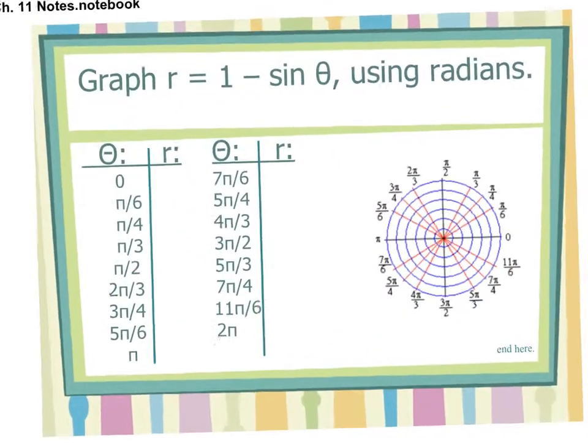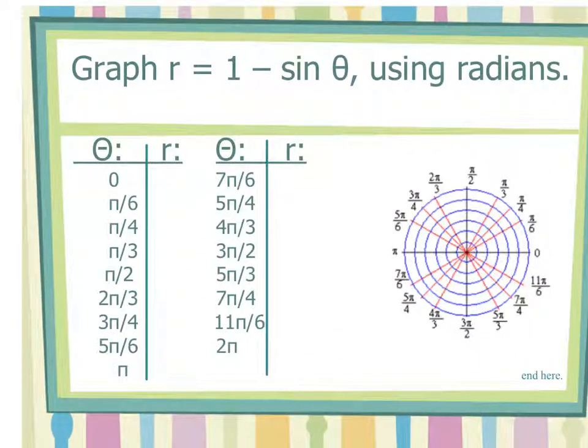Here's one that's a little bit different. 1 minus sine theta. Treat theta like x, treat r like y. Sine of 0 is 0, and 1 minus 0 is 1. Now here, when you're putting numbers in the table, the square root of 3 over 2 is going to come up quite a bit. Come to think of it, let's just use these two.